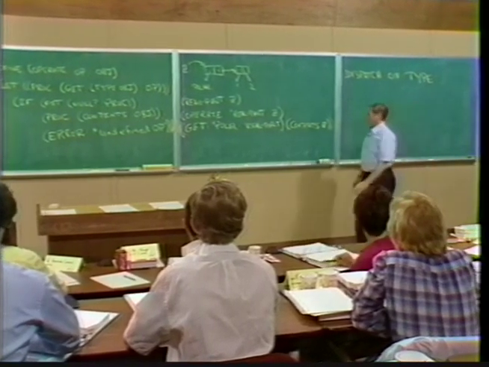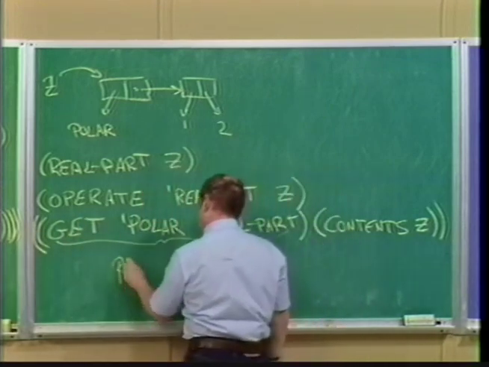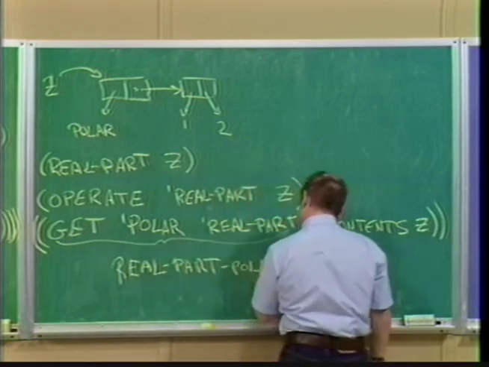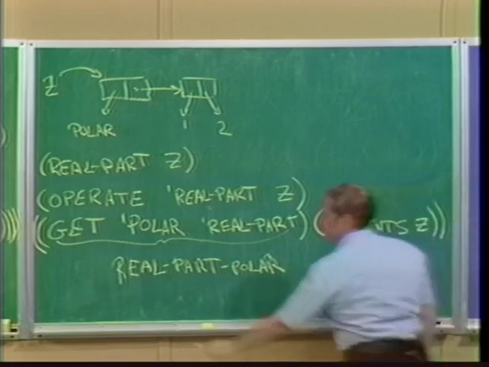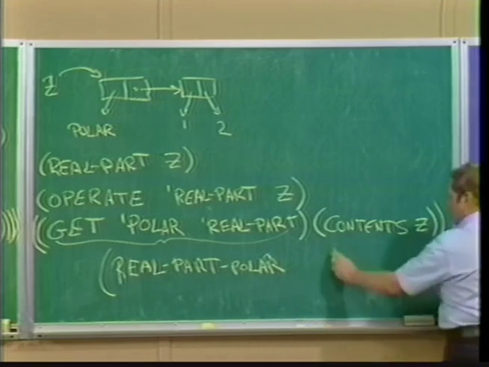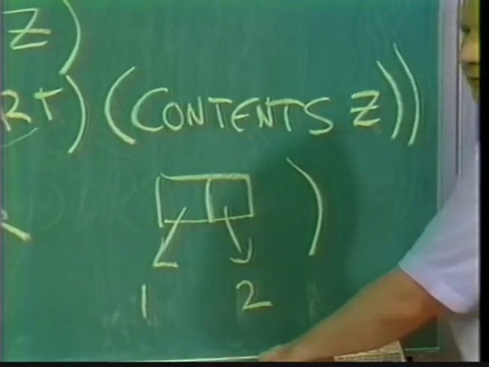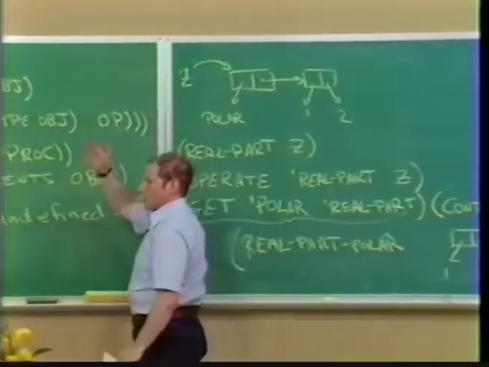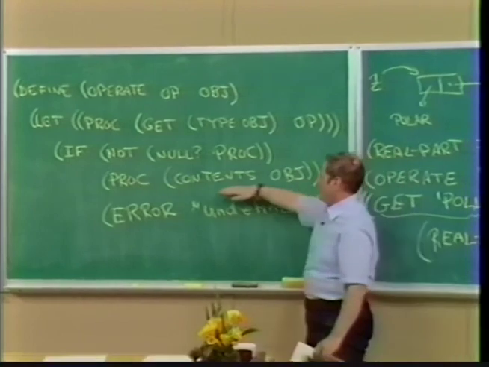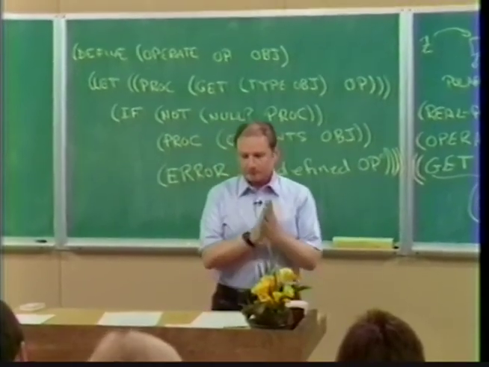And what's that? If everything was set up correctly, this thing is the procedure that Martha put there. This is real part polar. And this is Z without its type, the thing that Martha originally designed those procedures to work on, which is 1, 2. So operate does uniformly what the manager used to do all over the system. It finds the right thing, looks in the table, strips off the type, and passes it down to the person who handles it.